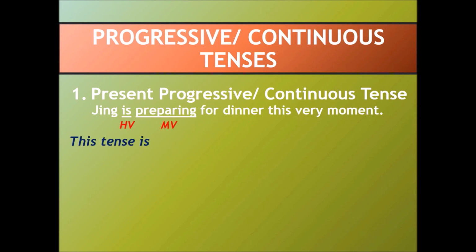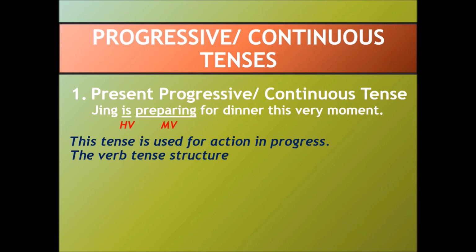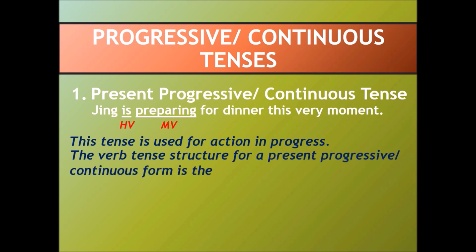This tense is used for actions in progress. The verb tense structure for the present progressive is the helping verbs am, is, or are plus the ing form of the verb.